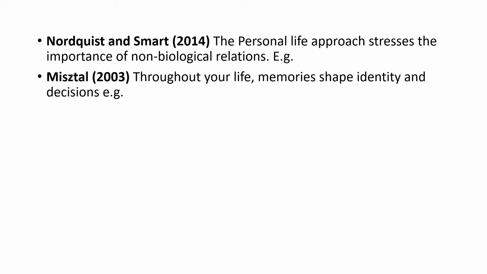Mitchell says that throughout your life, memories shape your identity and your decisions. So a good example of this would be if you have a memory of a really happy childhood where your mum and dad were really great and got on really well, and you had a traditional nuclear family, then you might feel that might influence your decision to get married and have children when you're older.